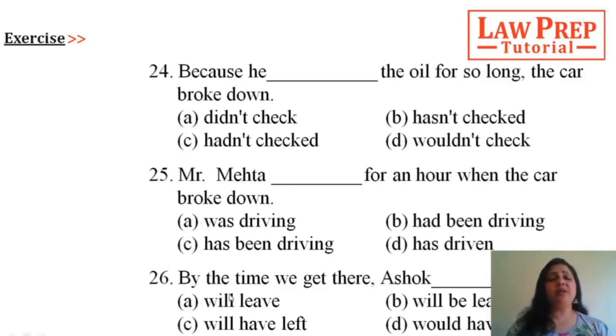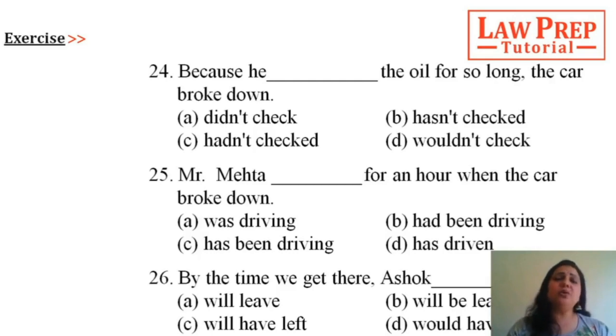By the time we get there, with by, note the rule, with by plus time, we would use future perfect. Okay, with by the time we get there, Ashok will have left. Means we are going to reach there. See, it is true that we must know the explanation of the sentence, but besides that also you must know what is the rule.